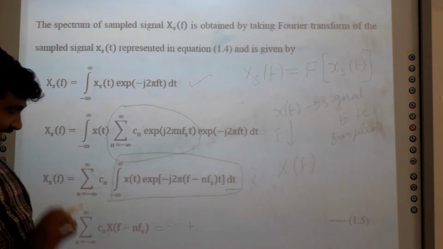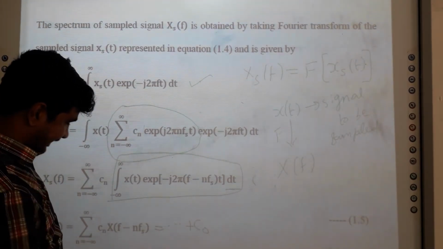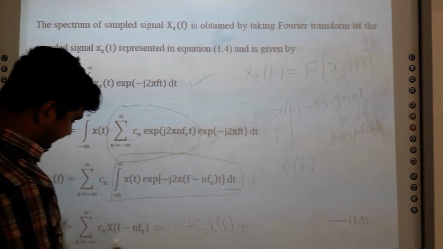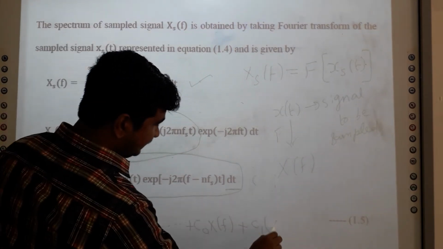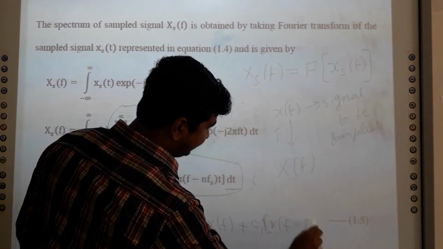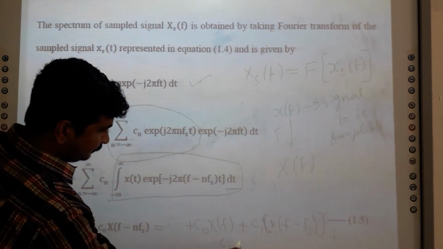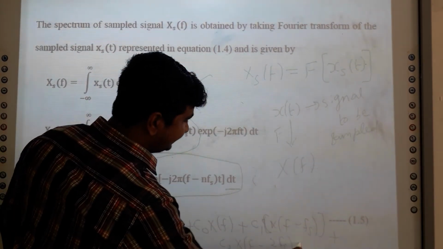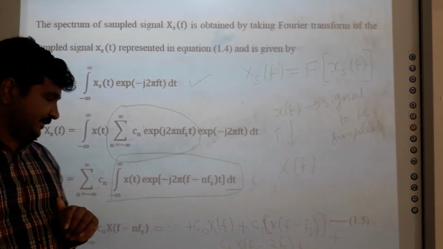Anyhow, I am writing it from n is equal to 0. We can write this as C naught x of f plus C1 x of f minus fs plus C2 x of f minus 2fs, and it will go on up to infinity.